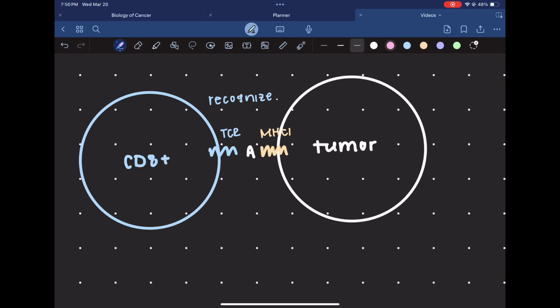I'm just going to draw an X over this. So we can remove antigens from the cell surface.